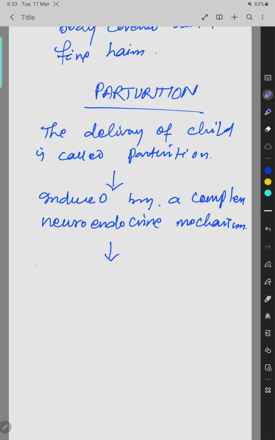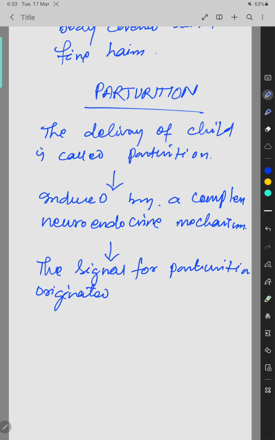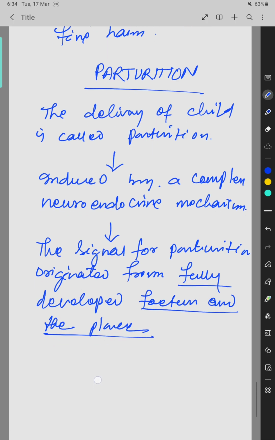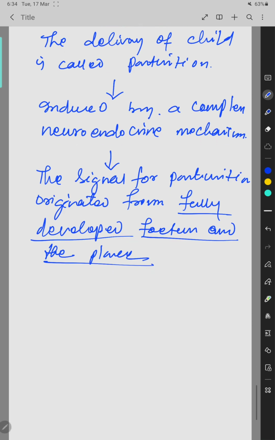Okay, now the signal for parturition, very important, originates from, remember, fully developed fetus and the placenta. आप एक भी लिखोगे इसमें से तो भी आपको फुल मार्क नहीं मिलेगा, अगर सिर्फ फिटस लिख दिया तो भी फुल मार्क नहीं मिलेगा. सो यू हैव टू मेंशन फुल्ली डेवलप्ड fetus and the placenta.